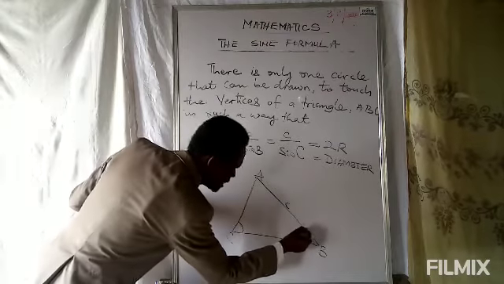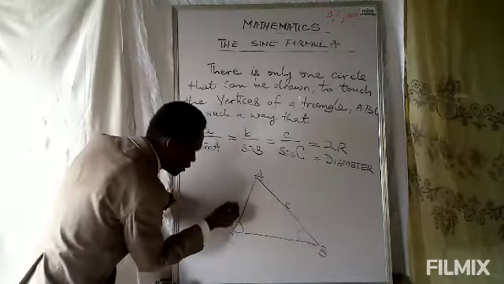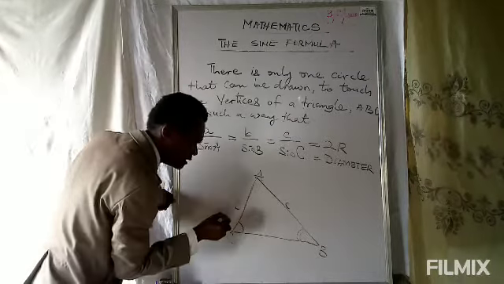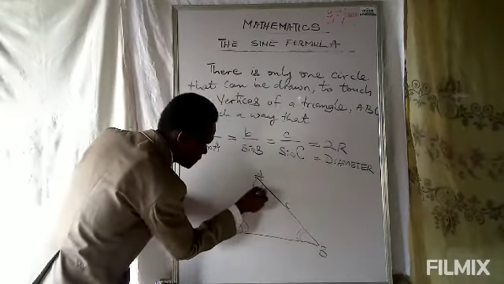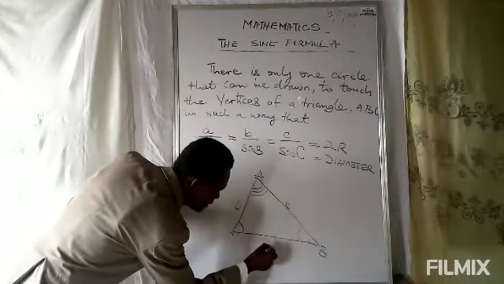Also, this is angle B. The side that is opposite angle B, we call it small b. Similarly, this is angle A. The side that is opposite angle A, we call it small a.